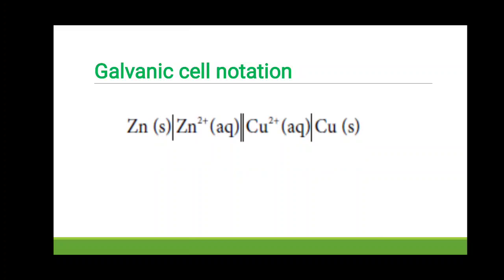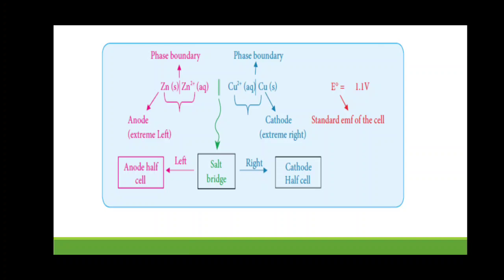So what is the meaning? A single vertical line shows a phase boundary. Actually, the zinc rod is dipped in zinc sulfate solution, so it is a phase boundary.